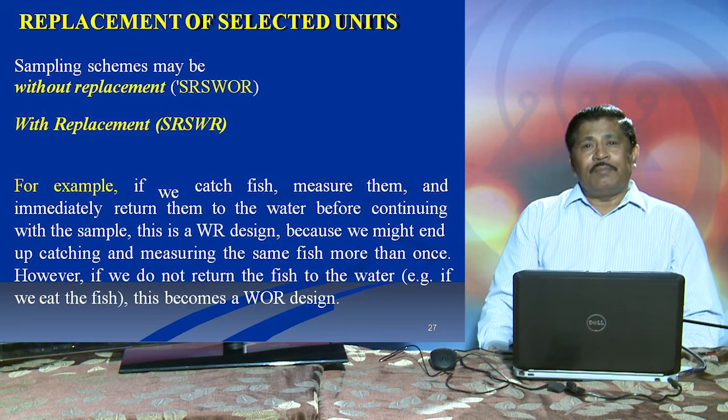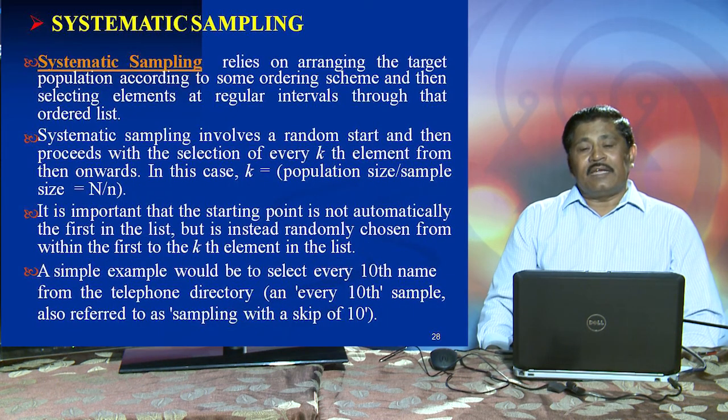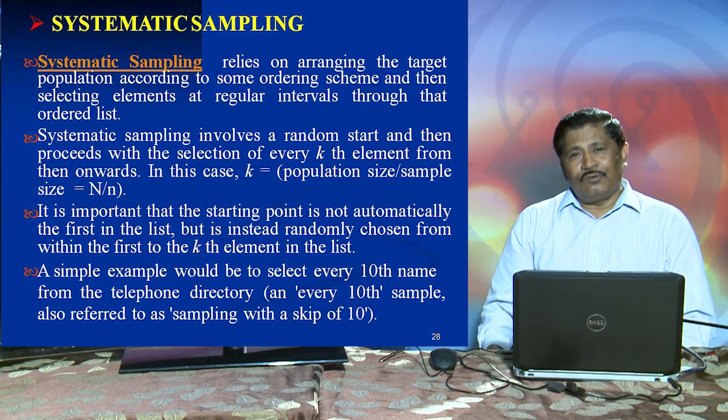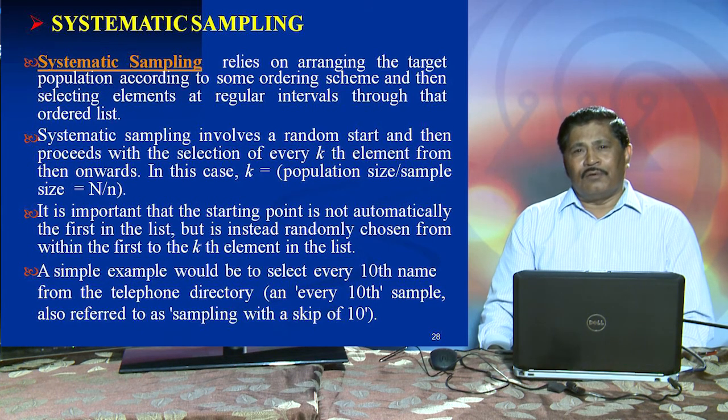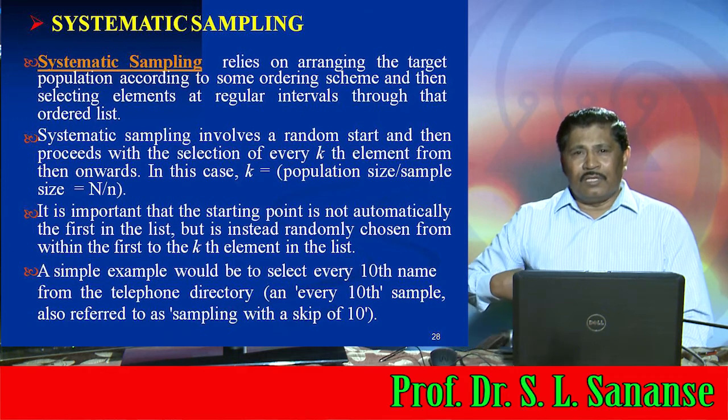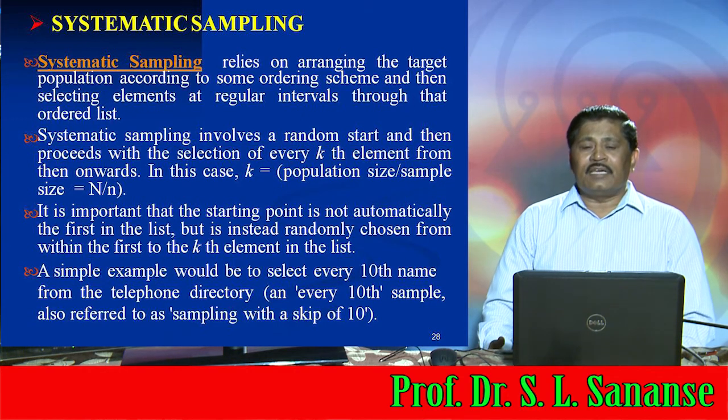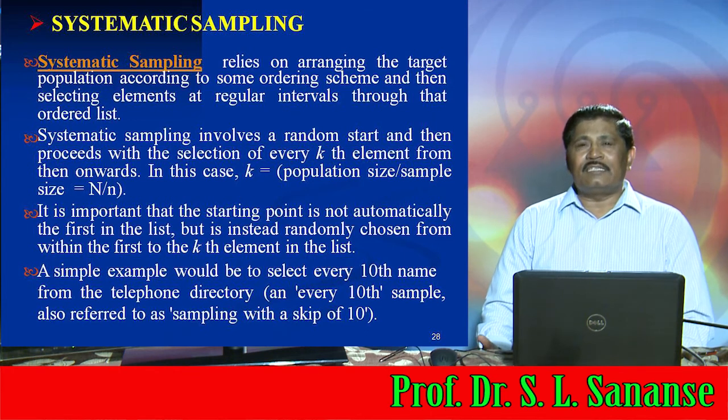Then another sampling method is systematic random sampling. Why do I say it is systematic random sampling? This sampling method is also used mostly in forestry, where it is very difficult to go into the forest, give numbers, and select the trees. So, in such a case systematic sampling is very important. What is systematic sampling?